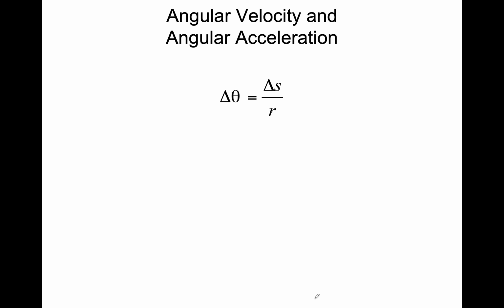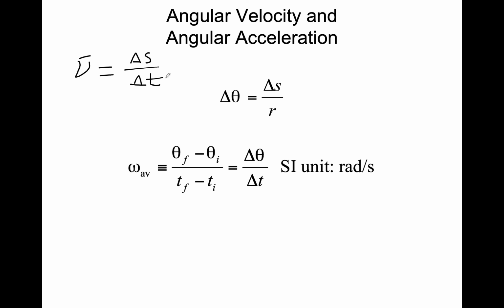After we defined angular displacement, we're ready to define angular velocity. If you recall, average velocity was defined as displacement over time. So you can expect we're going to define angular velocity in a very similar manner.